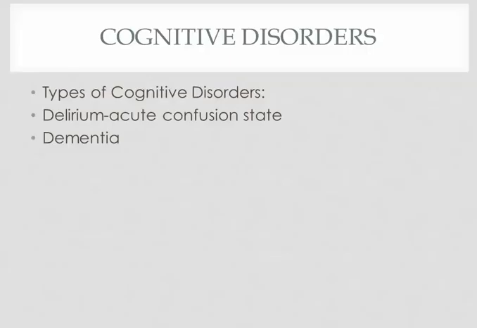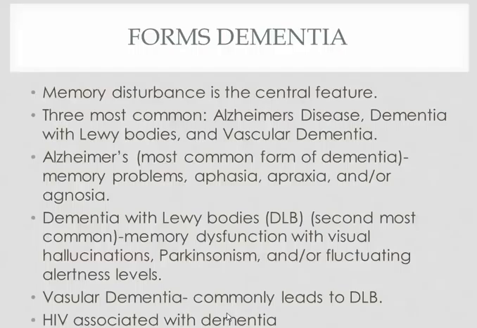The second disorder we will discuss is dementia. Dementia is becoming more of an issue for our aging population. Alzheimer's disease, which sometimes is called AD, is the most common type of dementia that affects individuals. When we look at dementia, the central feature is memory disturbance.